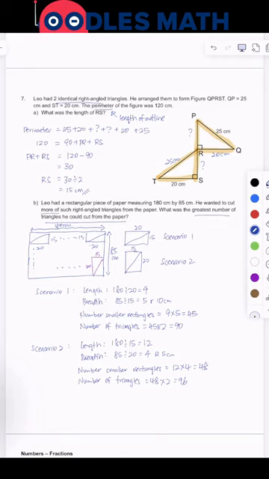According to the question, the condition is that it must be the greatest number of triangles that he can cut out from the paper. So which scenario should we pick? We should pick scenario 2. And so the answer to this question is that the greatest number of triangles that he can cut out from the paper is actually 96.